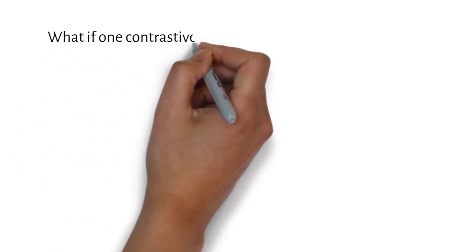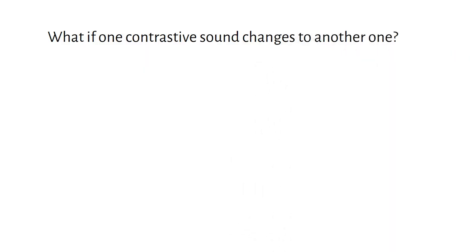What do you do if one contrastive sound changes to another one? If you put a morpheme next to another one, and a sound changes from one contrastive sound to another contrastive sound, then you need to ask more questions.